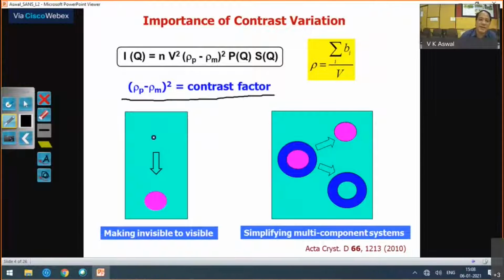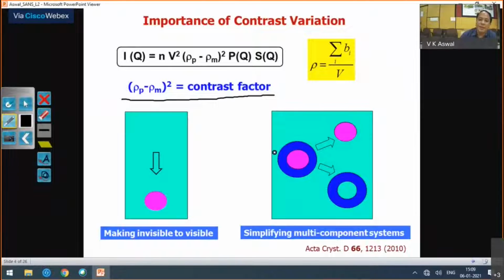To change this means you can make something invisible. So you have a particle which is invisible in the system, but by varying this term, you can make it visible. And also vice versa. Sometimes if you don't want to see a particular component, that also you can make invisible, going the other way.